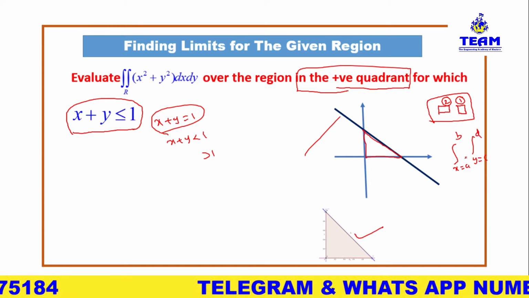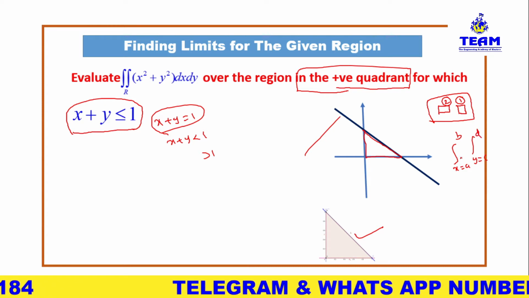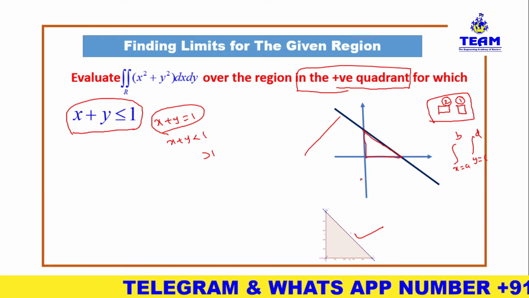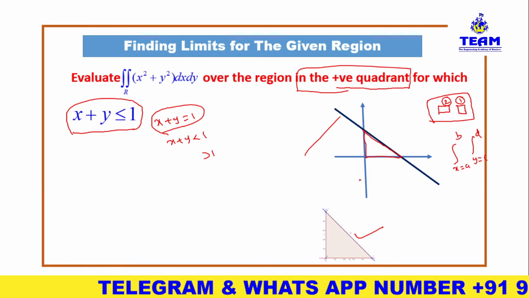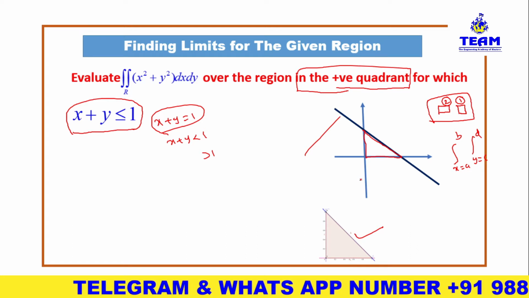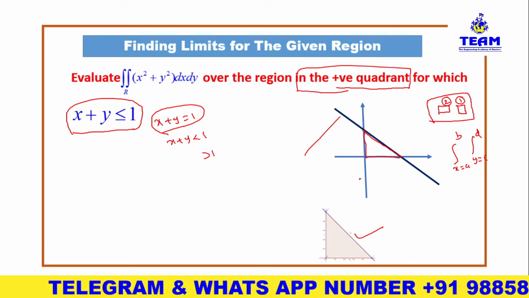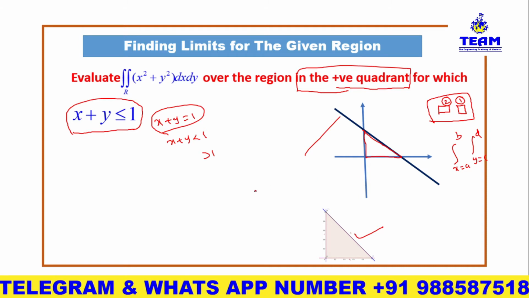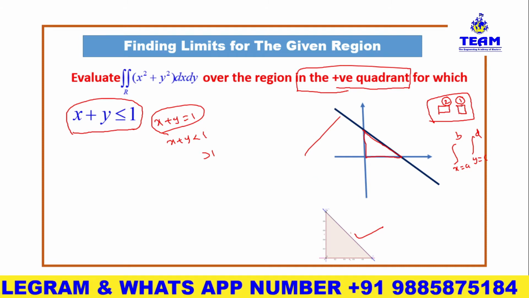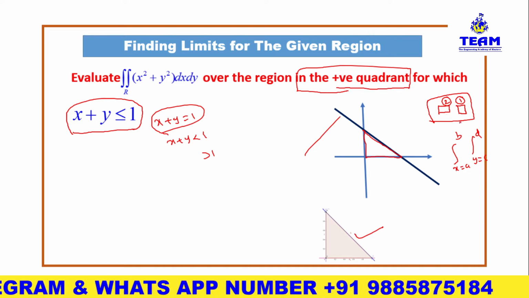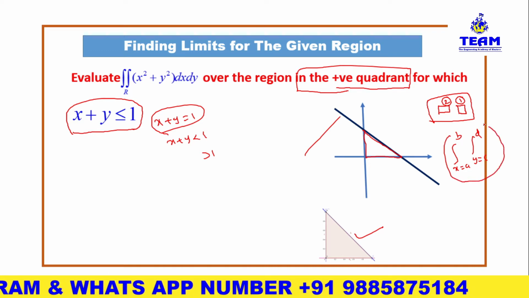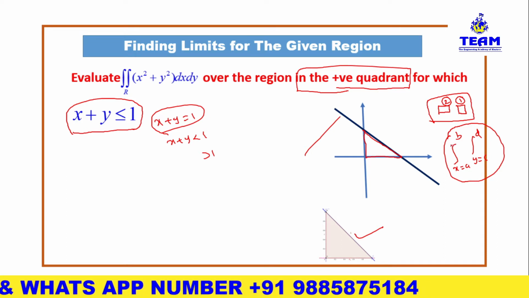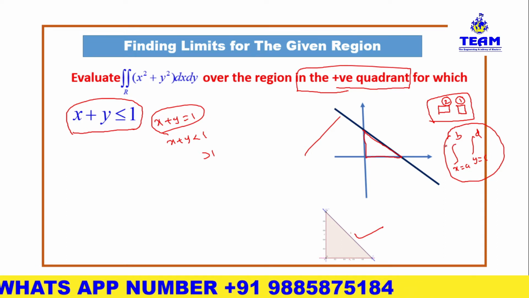In this case a, b, c, d are constants, also you can say independent limits. Next, in any other region in two-dimensional space, you will get only one that is independent, and another one dependent. Okay, that is the most important concept. I repeat again, if it is a square or rectangle, then only you will get both limits independent in two-dimensional space. In the rest of all other cases, what will happen?